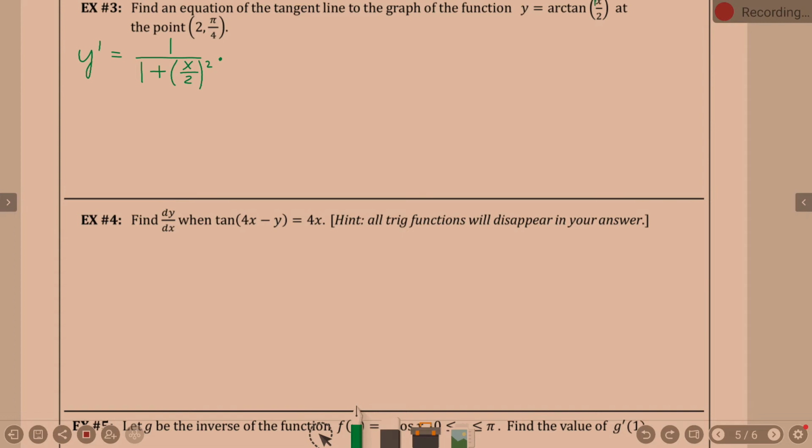Can we agree that x over 2 is equivalent to 1/2 x? So what's the derivative of 1/2 x? 1/2. So the derivative of x over 2 is 1/2. Does that work for you?